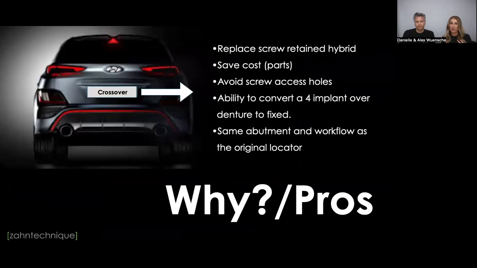And the same abutment and workflow as the original Locator, that's also very important because it gives you a variety of options. Looking into a case like this and doing a lot of fixed hybrids, a lot of overdentures, different materials and so on, I think the biggest pro is really that you can replace a screw retained with no screw access holes. There's nothing to fill. That's really cool. And the next one is the saving cost part. You save a lot of cost with that. That's for sure a big winner here.